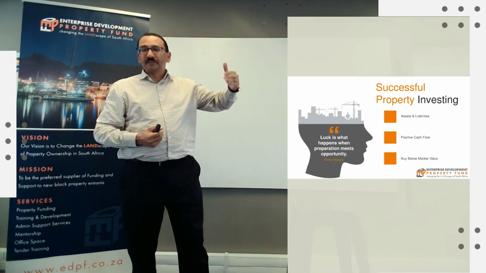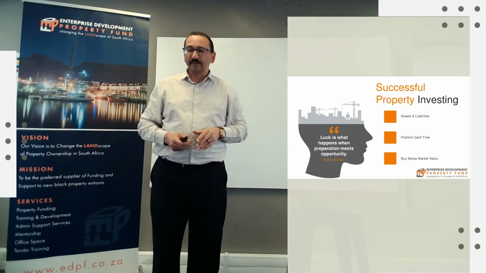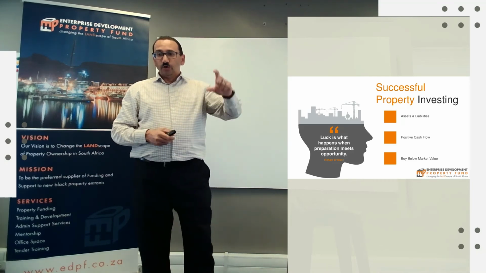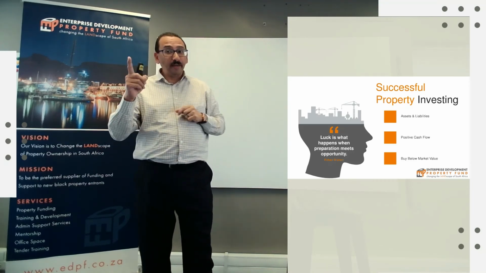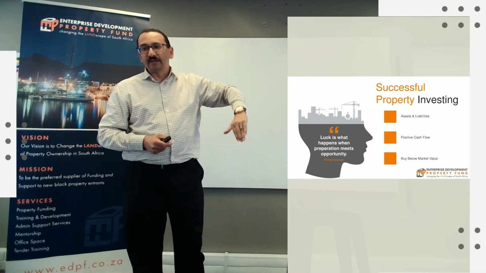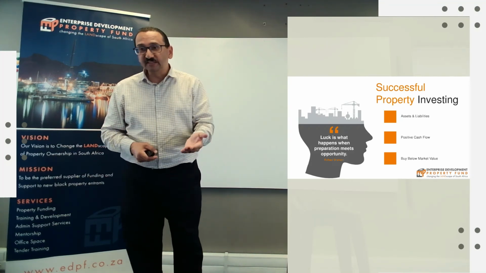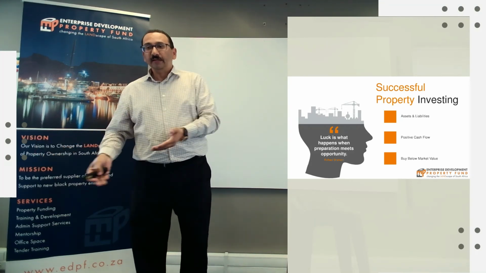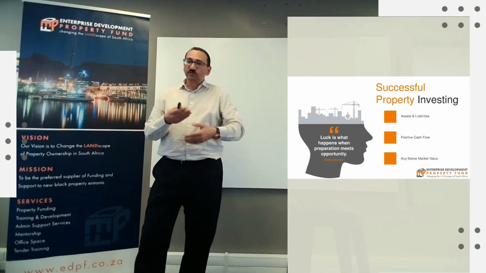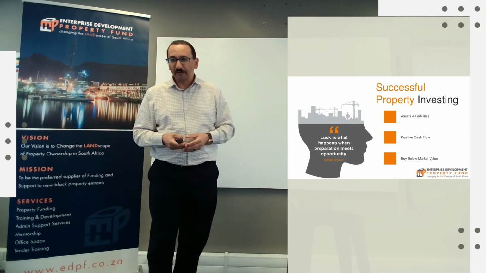So if the property is worth 1 million and you negotiate with the seller down to 800,000, you've got a margin of 200,000. But remember, you also have all your legal fees and so on. Because the deal is under 1 million, there's no transfer duty, but there are transfer fees that you have to pay to the attorney. There could also be bond fees because you maybe have to take a bond, and there are other fees that you have to pay.